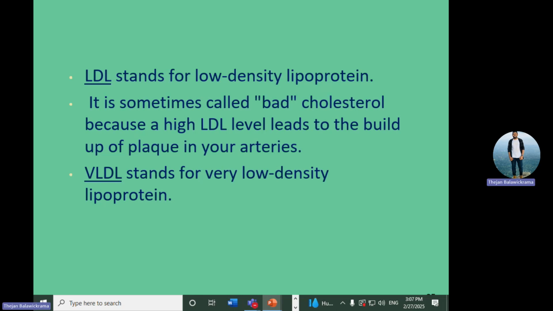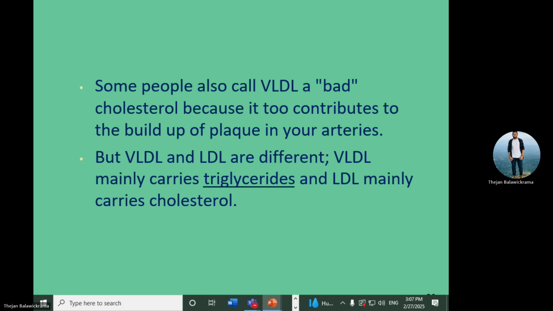Those are bad ones too. They combine with other substances in the blood and make that paste, so they behave in the same fashion as the low density ones.